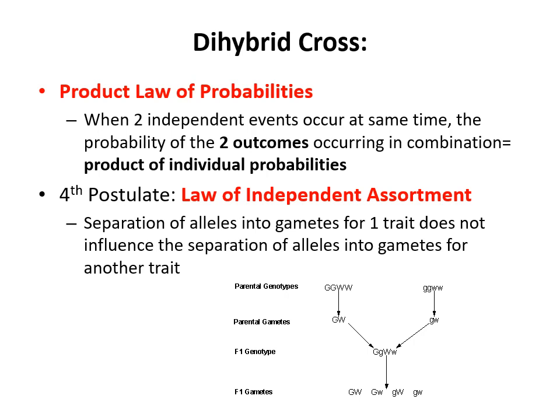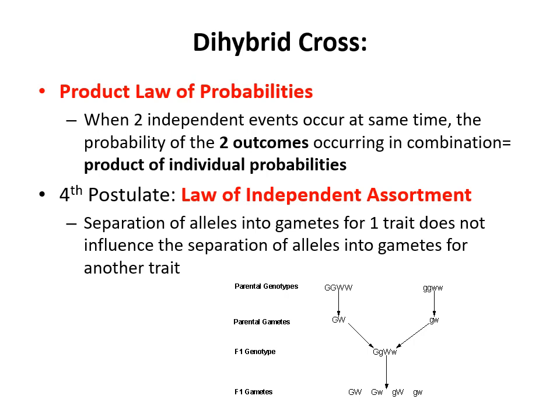Basically, when you have different events occurring at the same time, the probability of those outcomes can be figured out by multiplying the individual probabilities. So I'm going to show you in a minute how you can figure out the probabilities of each dihybrid cross outcome by treating them like monohybrid crosses and multiplying together the individual probabilities.